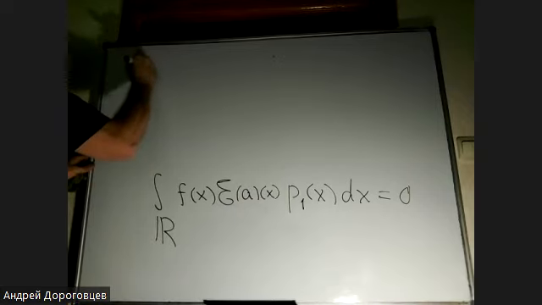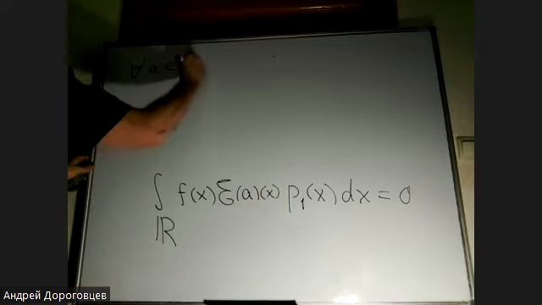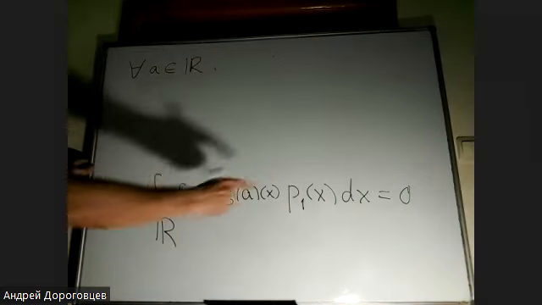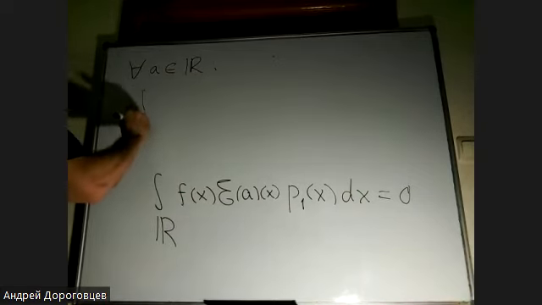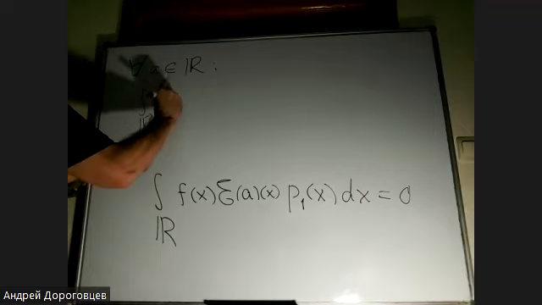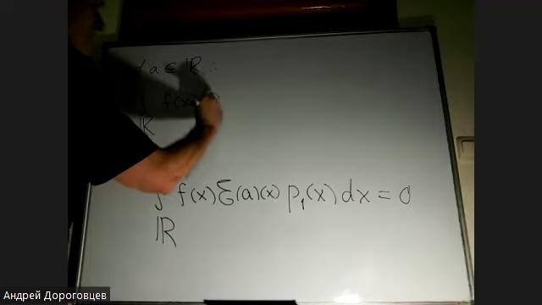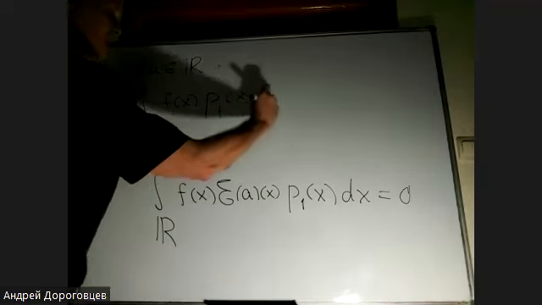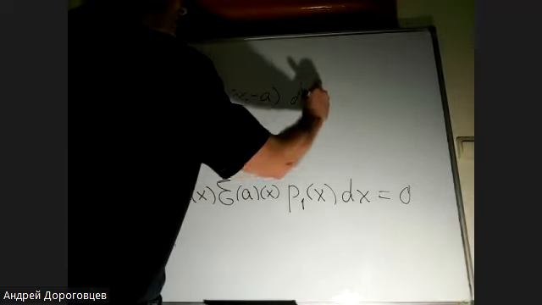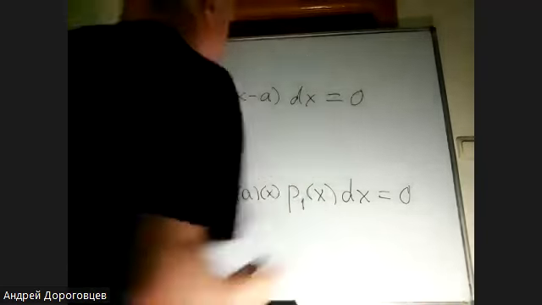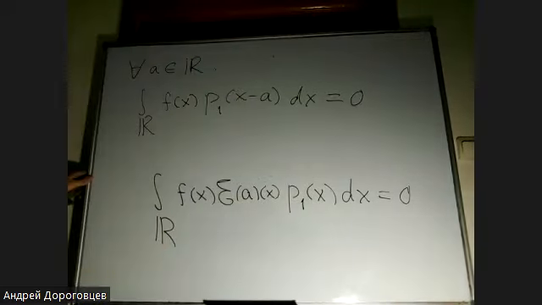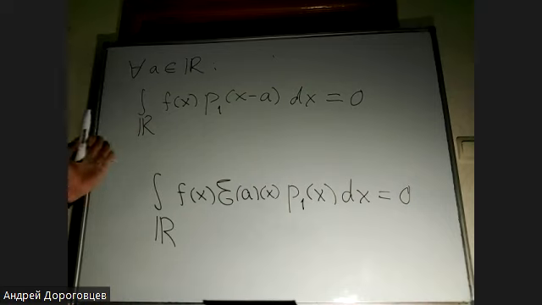For all a which belong to R, we have, just by calculation, the integral of f(x) p1(x minus a) dx equal to 0. What is written there? Here one can see the convolution of the function f and the density p1.